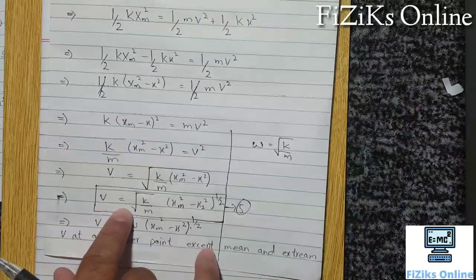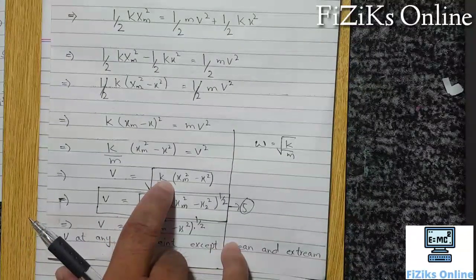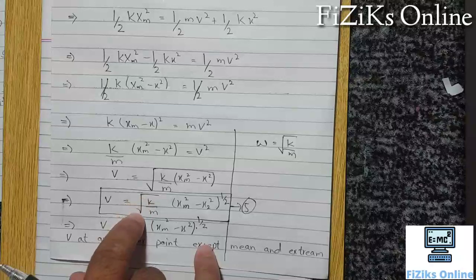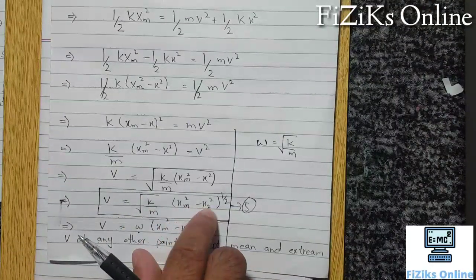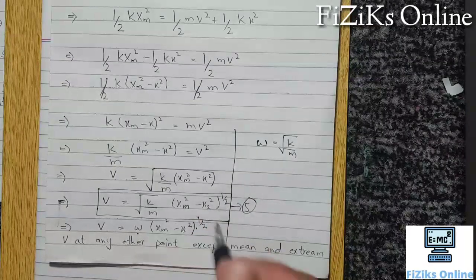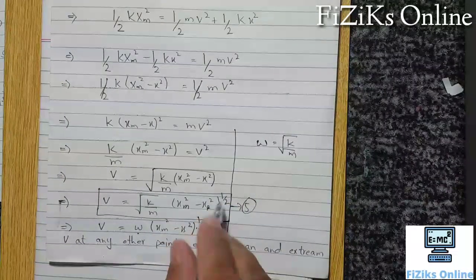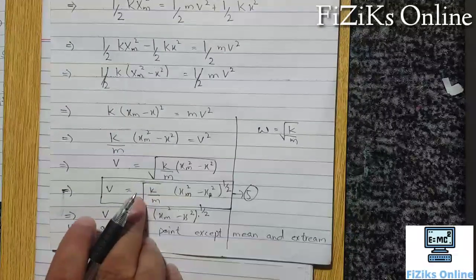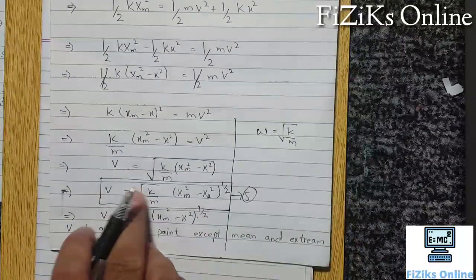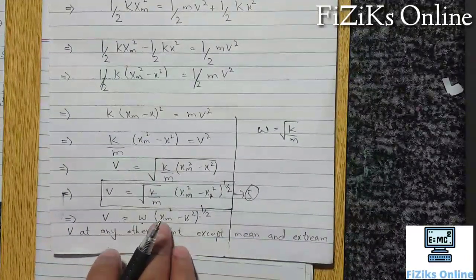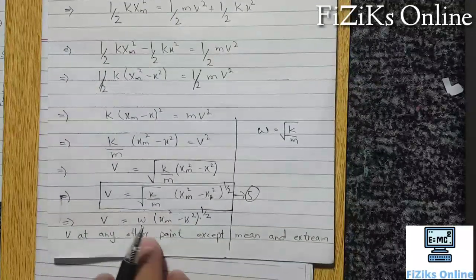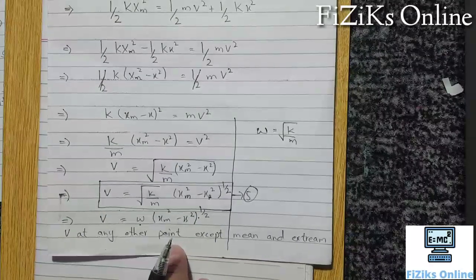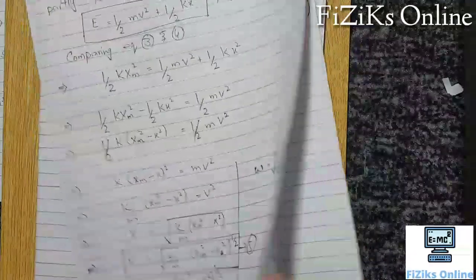So writing this term separately under the root, v equals under root k by m into (xm squared minus x squared). Writing omega instead of under root k by m, v equals omega under root of (xm squared minus x squared). It is the velocity at any other point except mean and extreme points.